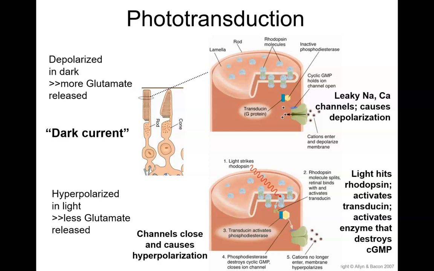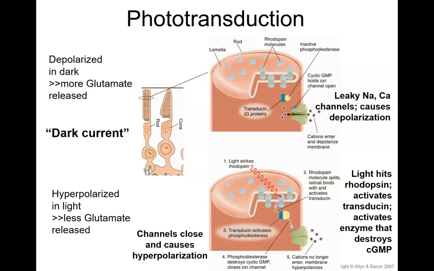Now, we'll talk more about cones later, but this is the basic phototransduction process. Rods and cones are going to be depolarized in the dark, and they're going to be hyperpolarized in the light.